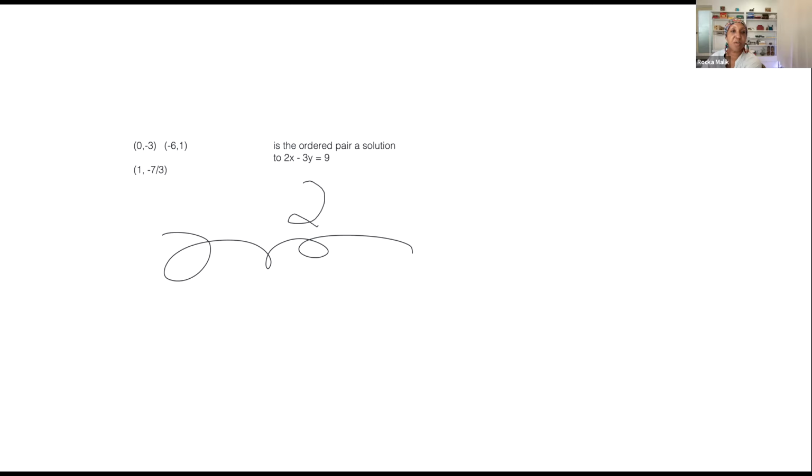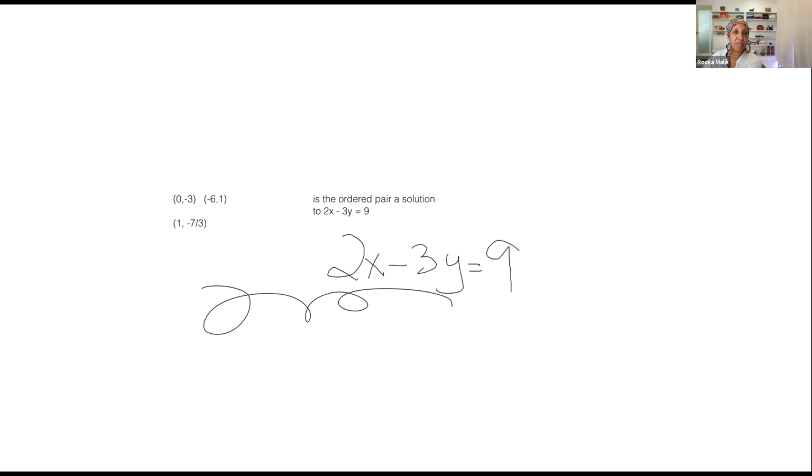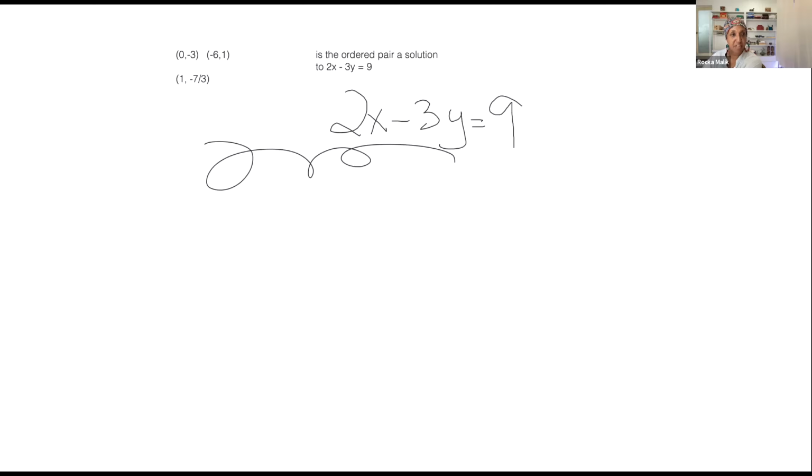Okay, so this is the equation, 2x minus 3y equals 9. And we need to see if any of these are a solution to the equation. So 0, -3 is one choice. -6, 1 is another one.